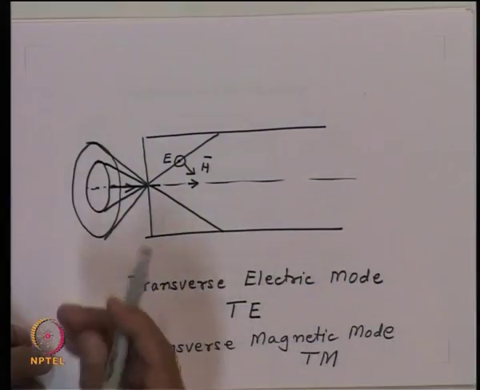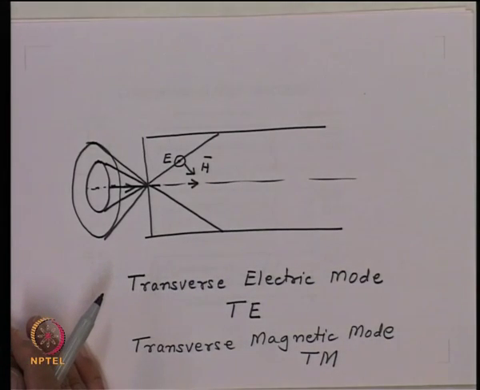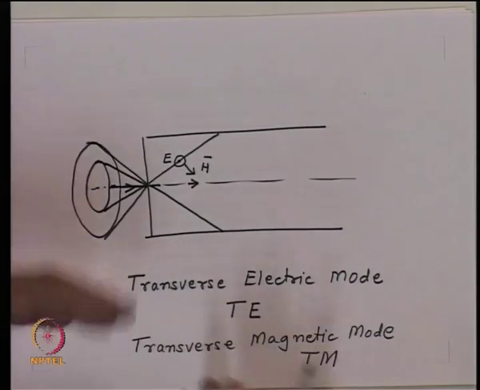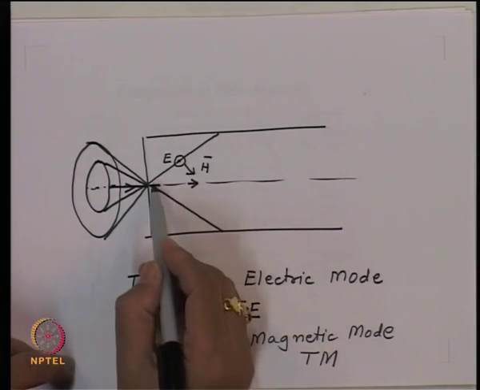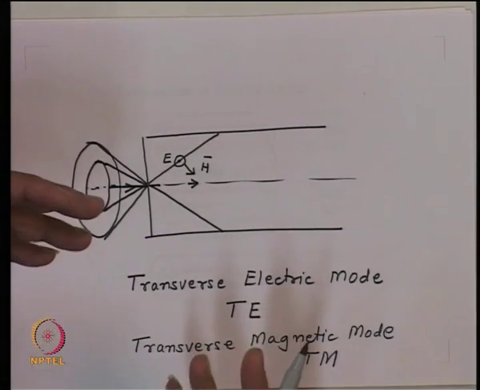Suppose we ask a question: does the propagation characteristic of the ray which goes along the axis of the optical fiber depend upon the wavelength? If I just consider the ray model, the answer will be no, because I am considering a ray irrespective of what the frequency or wavelength of this wave is.